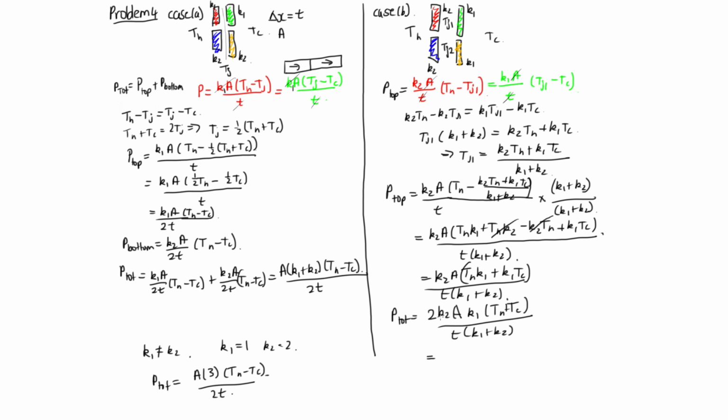In this case, we'd have 2 times K2, which is 2, so 2 times A, K1, that's 1, times TH plus TC over T times 3.